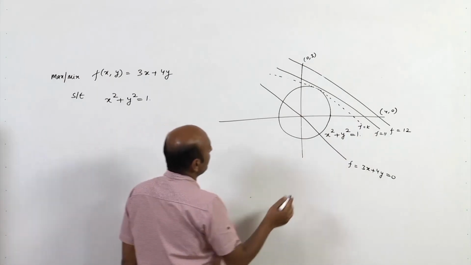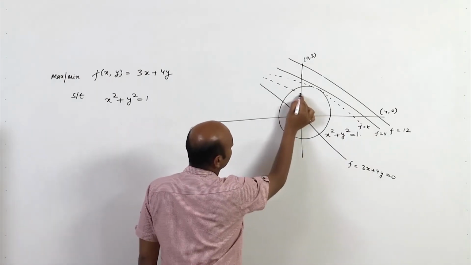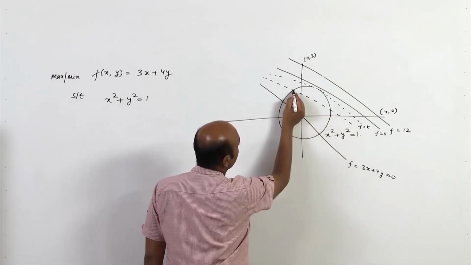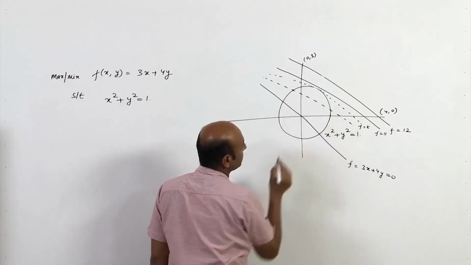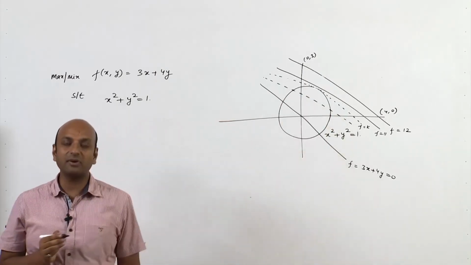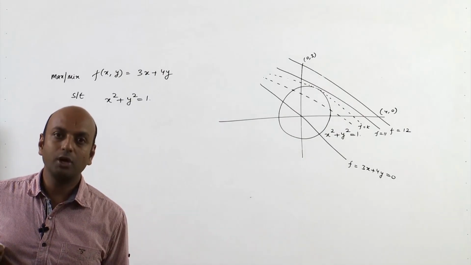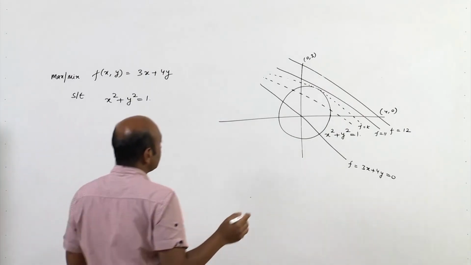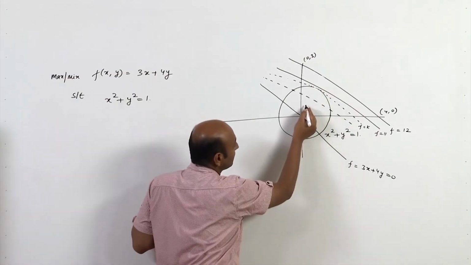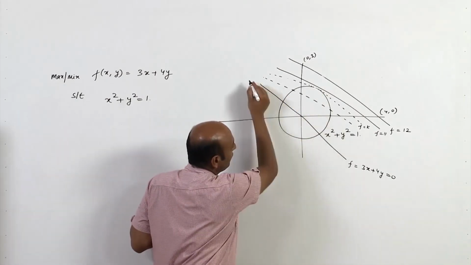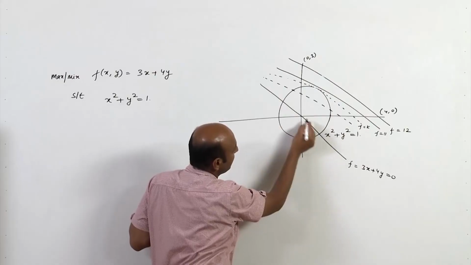Now, when you come inside this circle, the function 3x plus 4y has some value, but as you move inside, the value of the function decreases continuously and it is 0 here.